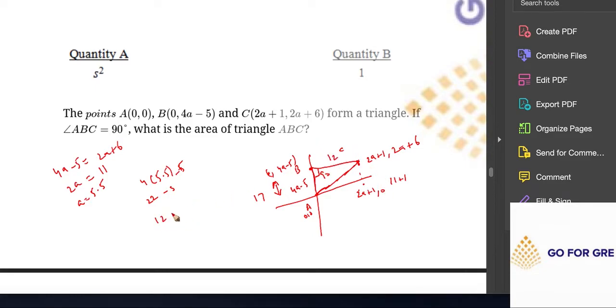So 12 times 17 over 2 is 102. Now the keyword here is this angle. If it is 90, these two things must be equal.